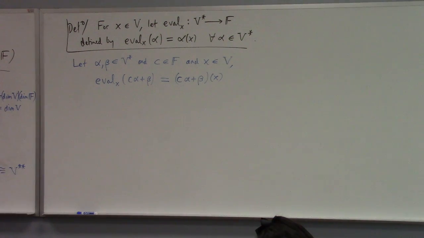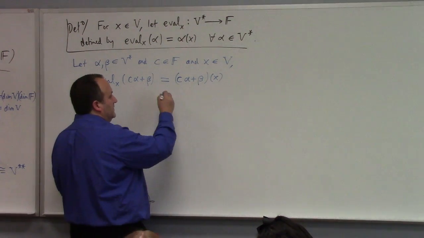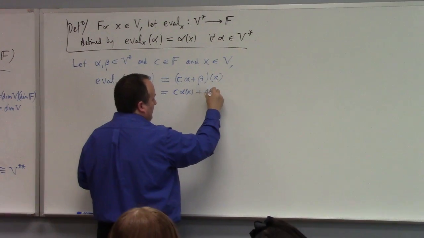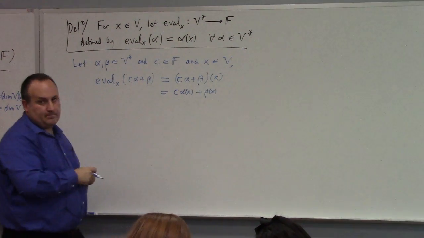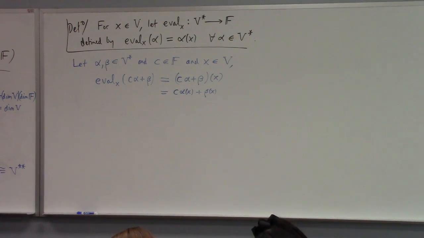But what's the definition of that evaluation? How do we add linear transformations? Pointwise. So the definition here is that that is equal to C alpha of x plus beta of x. This goes back to how we add functions: we add functions pointwise.